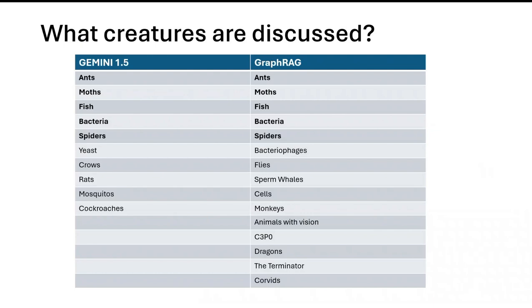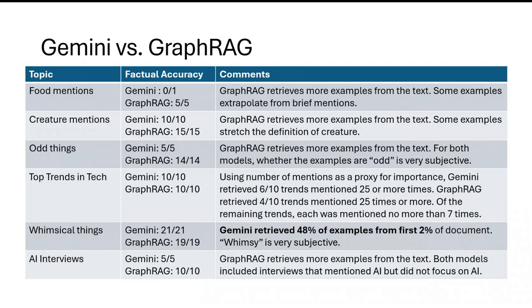Similarly, a lot of similar questions were asked. I think I didn't keep everything in the slide, but this is one example. Let me give just one more to summarize. So this is Gemini versus GraphRAG on different topics of questions asked, with a rating on accuracy and then a comment. On one dimension Gemini scored 0 because it was not able to give the entire context.